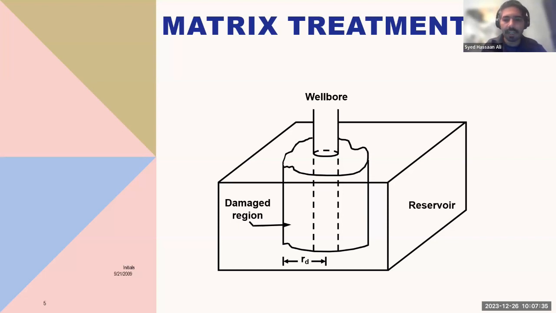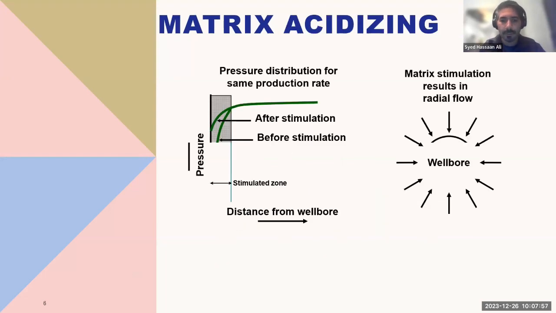It could be damaged by different types of rocks that have come up and effectively block that region. What we want to do is create fissures that go beyond that damaged region, so they bypass it and get the fluid flowing through the reservoir.